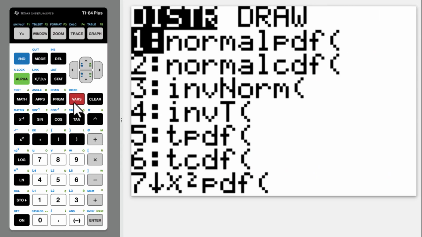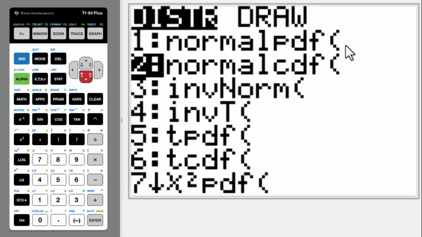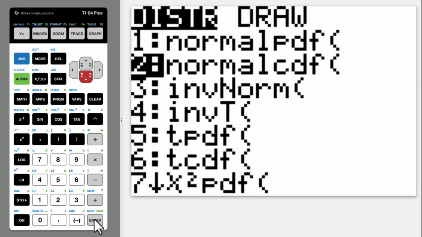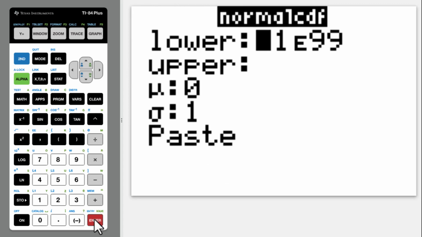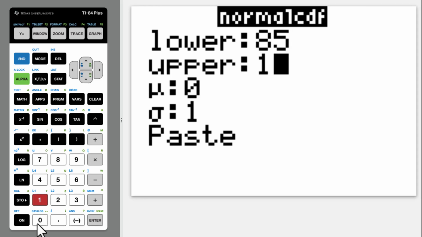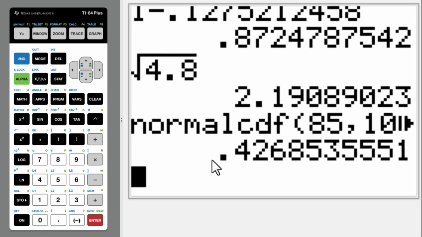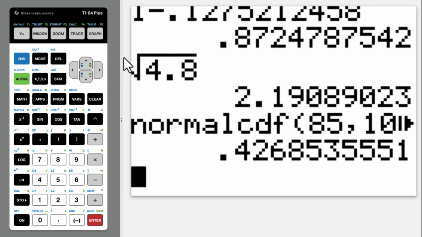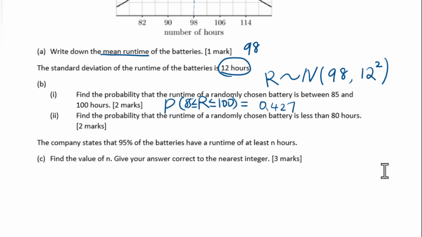Second variable, normal CDF, not PDF, because this is continuous data between 85 and 100. Mean 98. Standard deviation 12. Answer is 0.427.